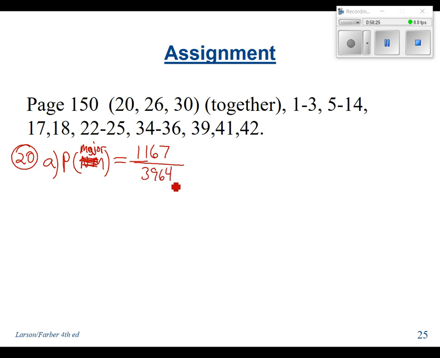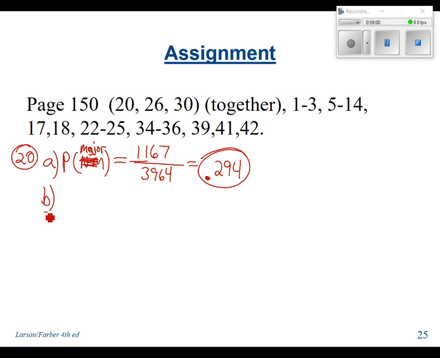Everybody agree with that? That's your answer. Probably better with this one to change it to a decimal. Go out 3 places. 0.294. Everybody agree with that? Now notice on that one, we're just saying nursing major, so we're taking out of the whole population that we're dealing with in the chart.